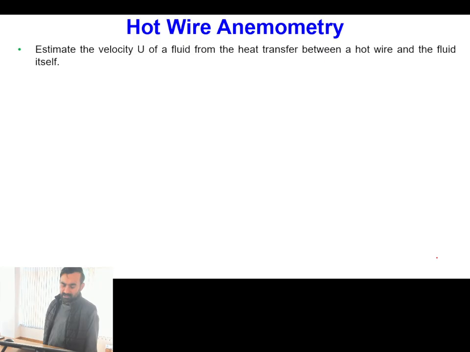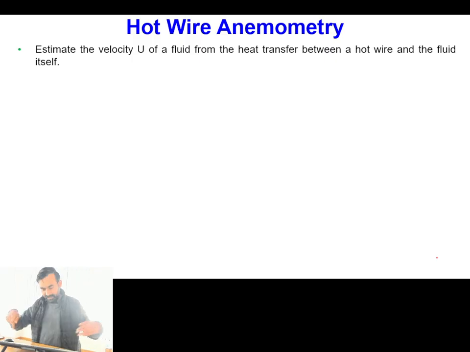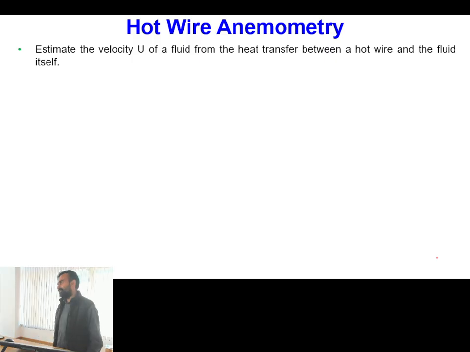It is based on the principle that you have some hot wire suspended in the fluid medium, and depending upon the velocity of the fluid medium, there will be some rate of heat transfer between the wire and the fluid, and that can be correlated to determine the value of the velocity field.